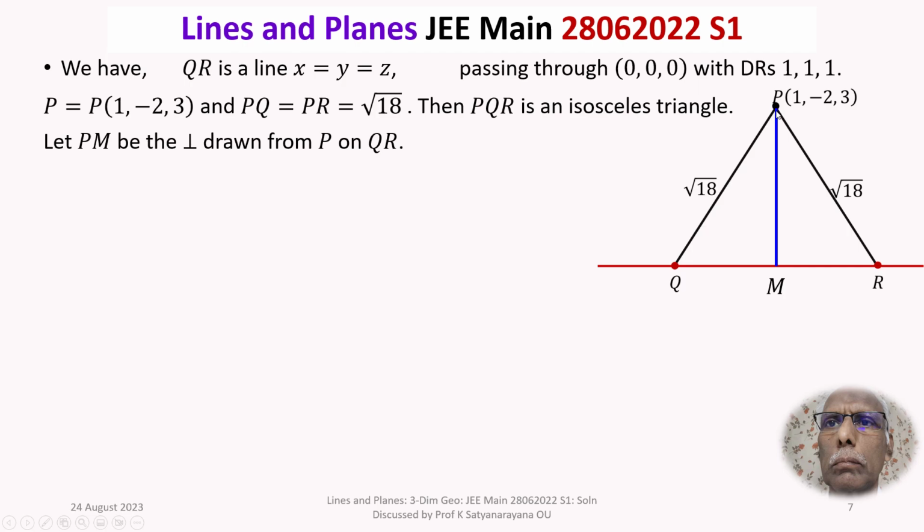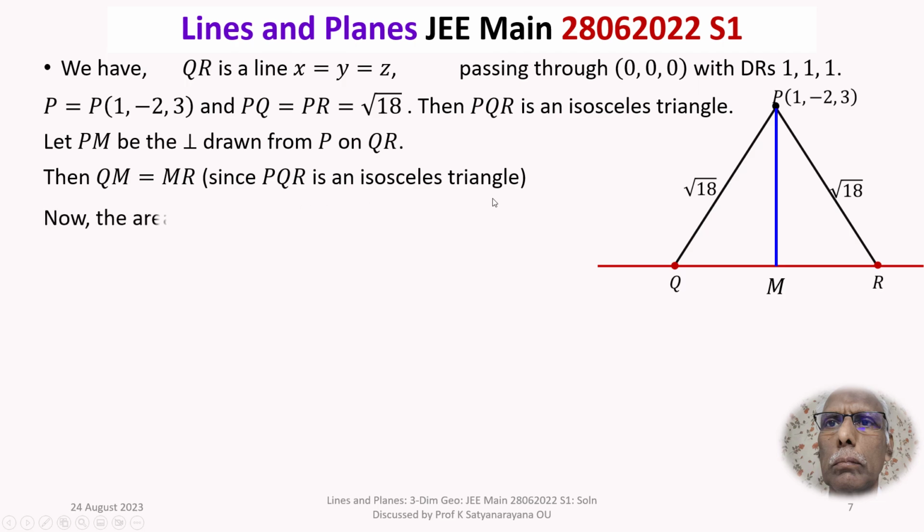It is the altitude that we have dropped from the vertex P, and it bisects the base. So QM is equal to MR, because PQR is an isosceles triangle.